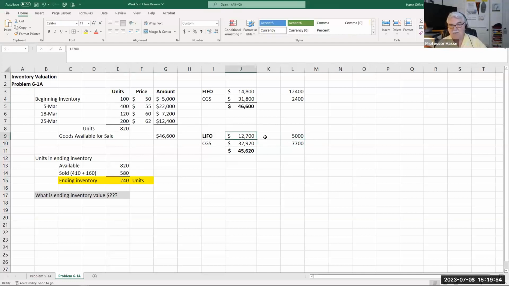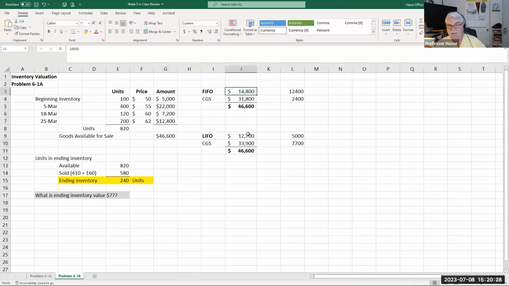So if I do that, that means our LIFO was $12,700, meaning our expense was, making sure this has to equal 46.6. So let's do that here. I still didn't fix my arithmetic, Mr. Hasse. Meaning our cost of goods sold are $33,900. They have to total the amount available for sale, the total of all the inventory.